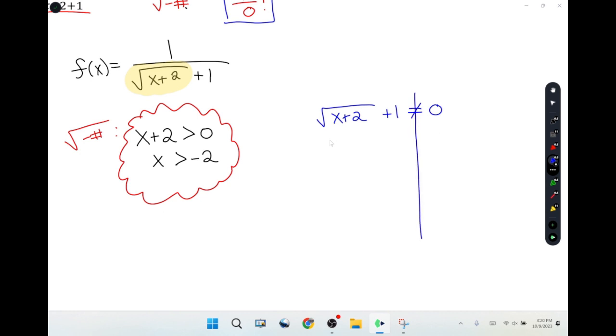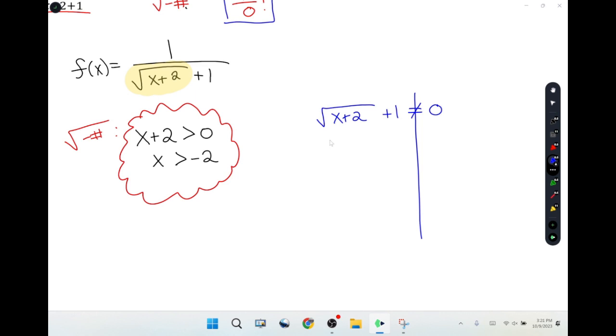We'll find that out in a second, won't we? That's a good thought. Yeah, because even if X is negative 2, plus 2 is 0, square root of 0 is 0, and then you just have the 1 remaining. Yeah, that's a really good thought.